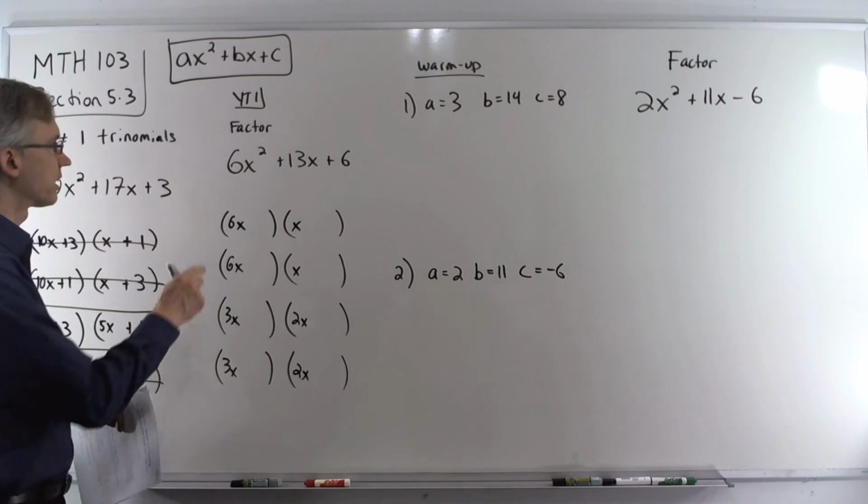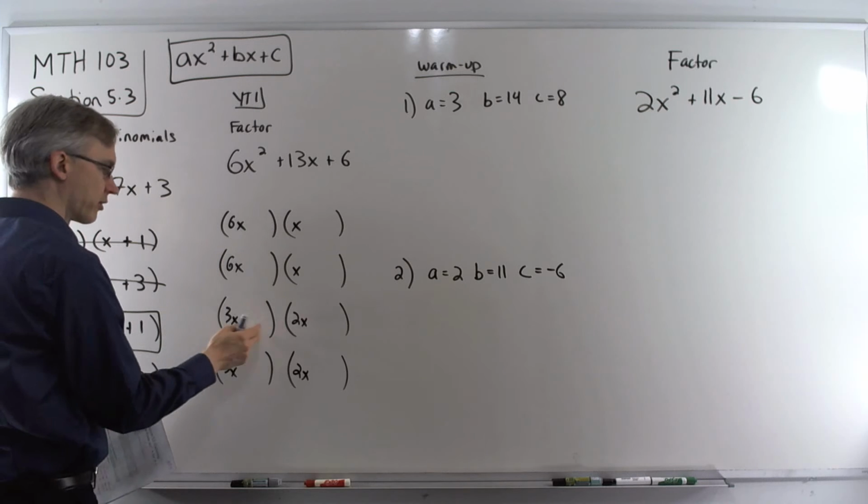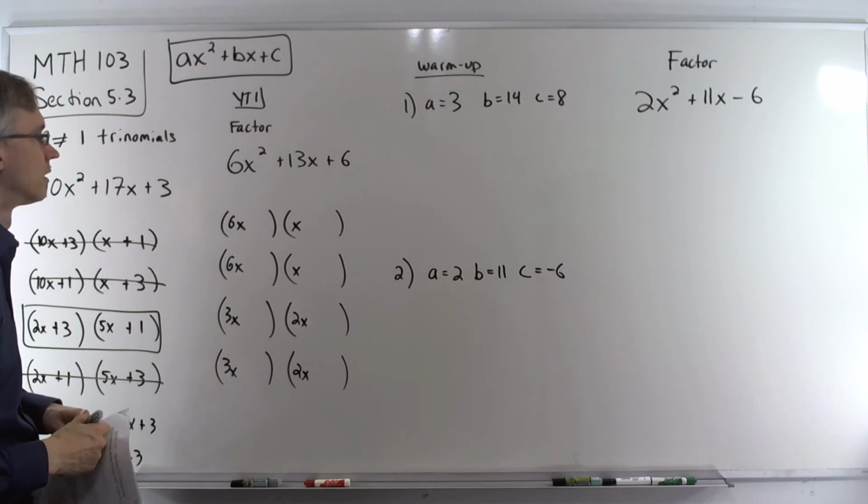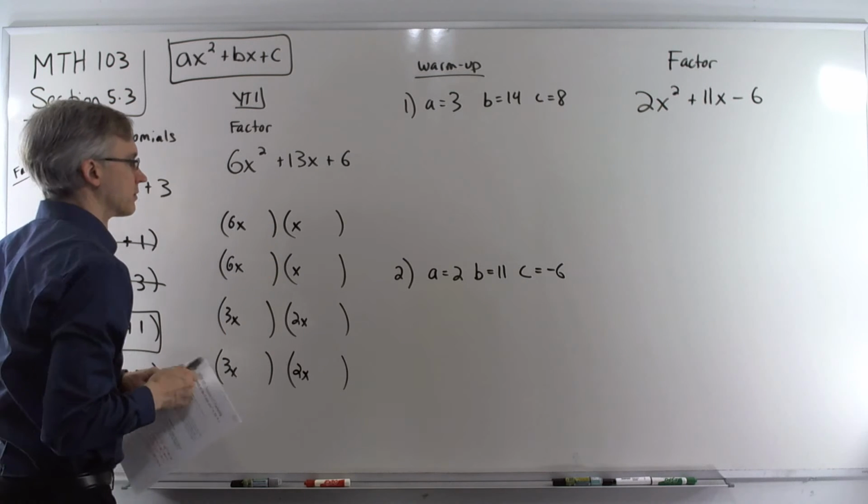So there's two different ways we can get a 6. 6 times 1 or 3 times 2. And same thing for the other 6.